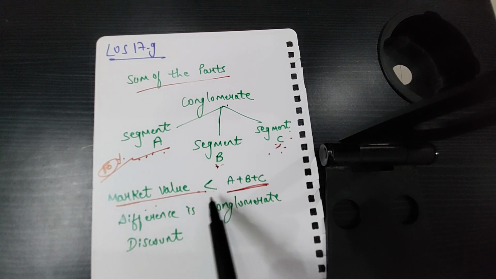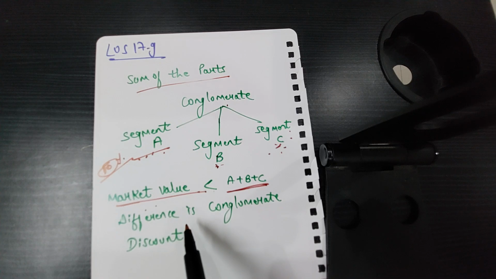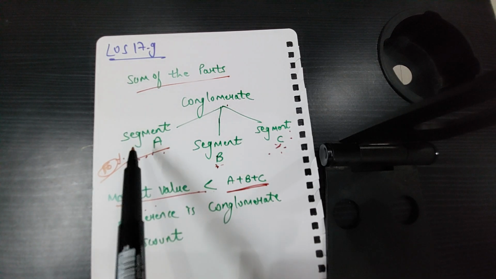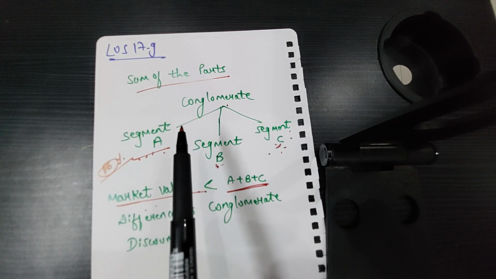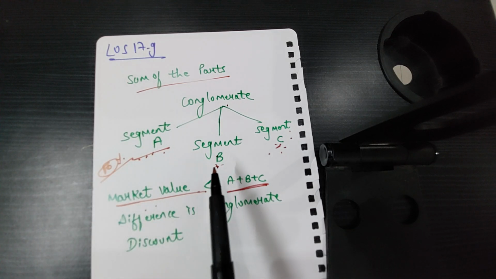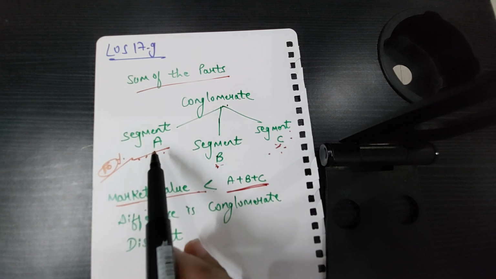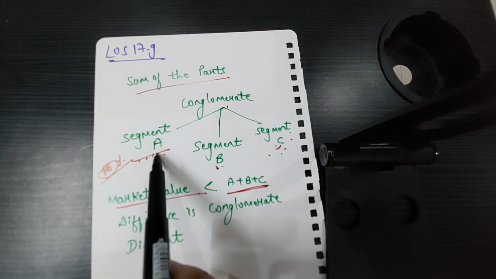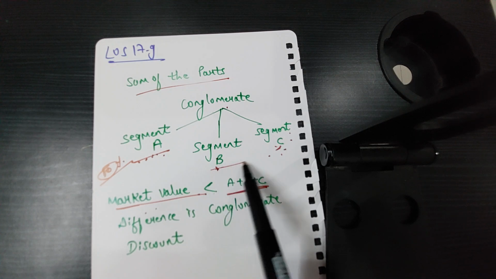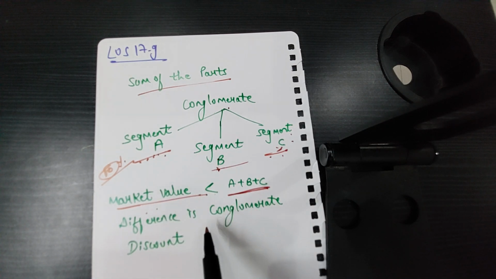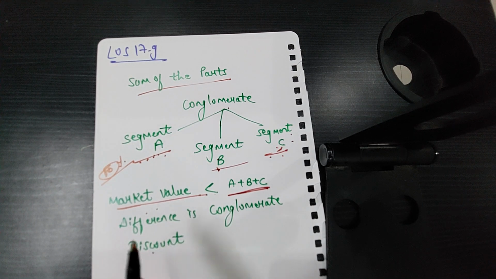That's why this conglomerate discount is applied. Also, the company might have pursued unrelated business acquisitions to hide the poor operating performance of one segment, or hide it through certain other things in other segments. Because of all of this, there is a conglomerate discount.